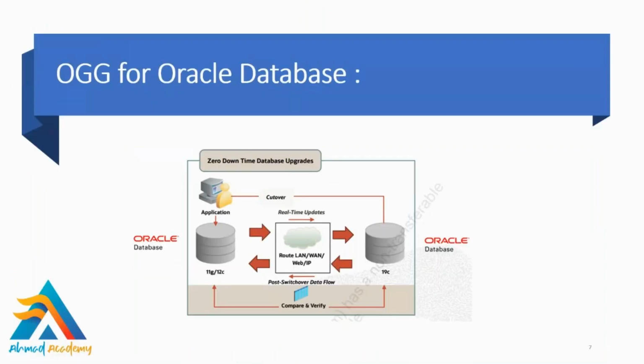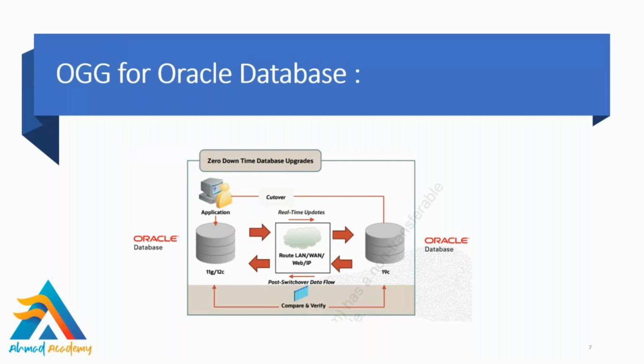Now, if you are doing an upgrade, it will eliminate downtime during the Oracle database upgrades. Suppose you are upgrading from 11g, 12c or 18c with zero database downtime. It leverages new features of Oracle Database 19c without affecting business operation. It will minimize the risk by using the fallback option.